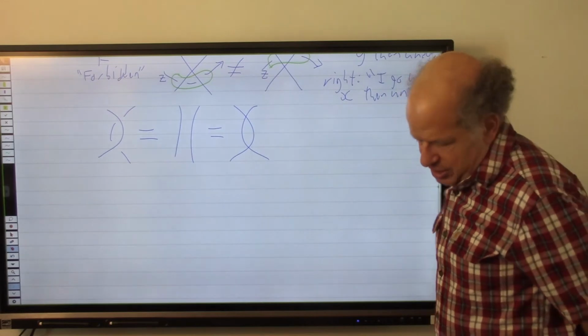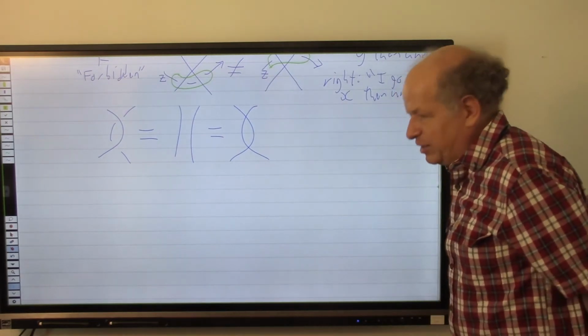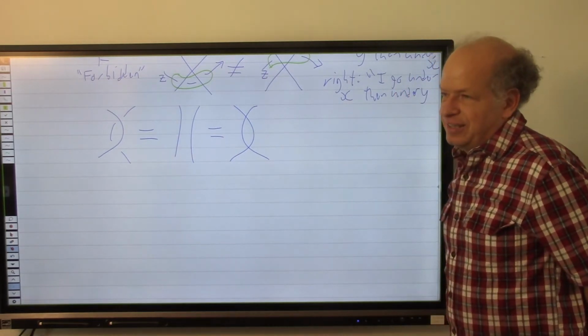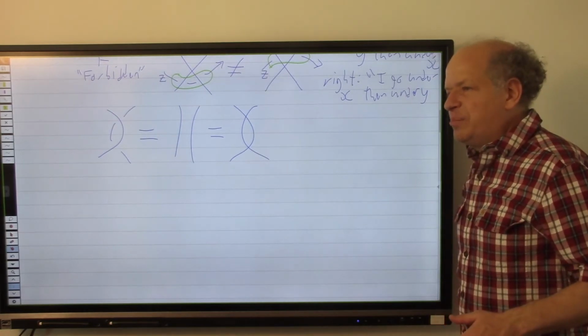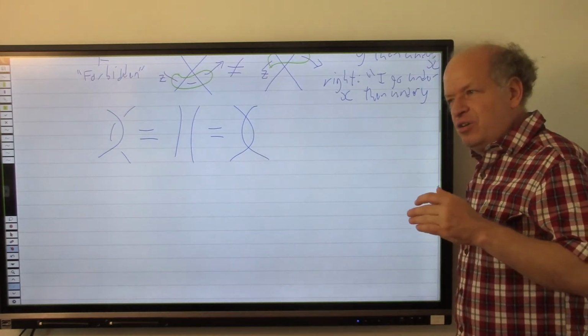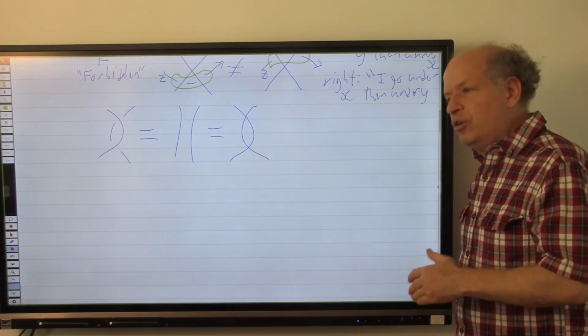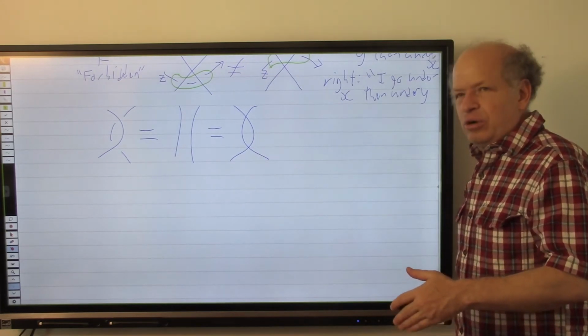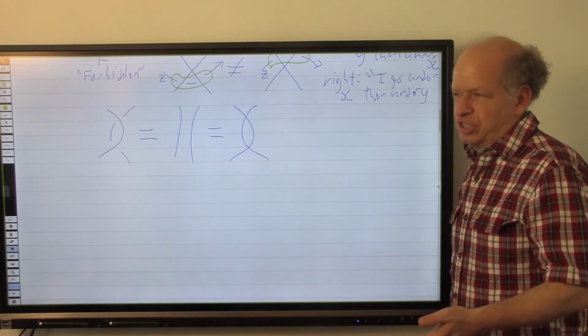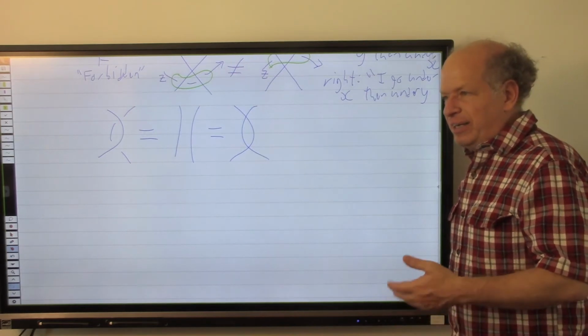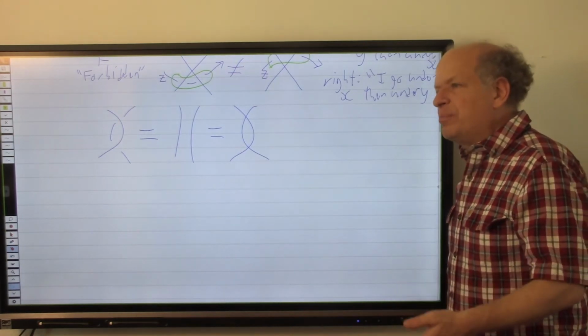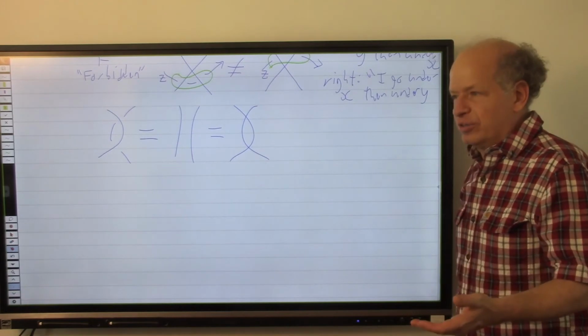The answer is that for finite type invariants, not only the individual knots mattered, but also the set of all knots. Finite type invariants were polynomials on the set of all knots.